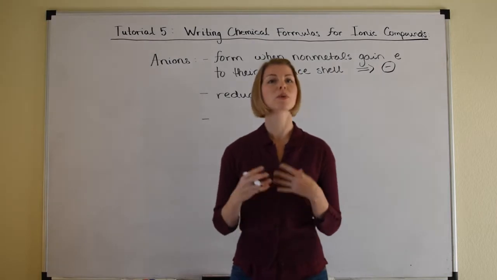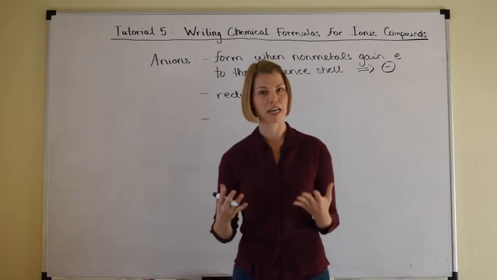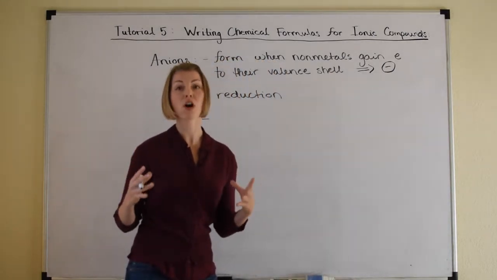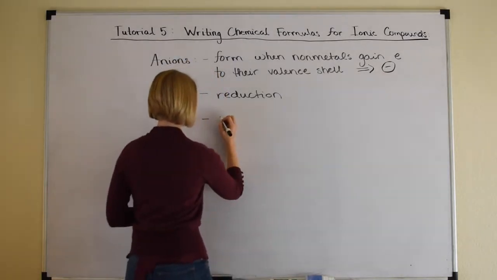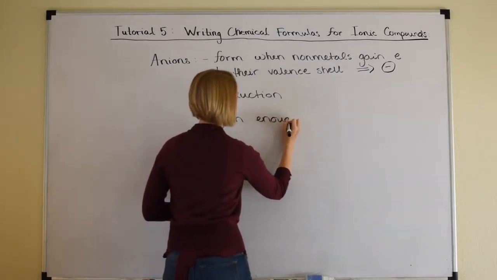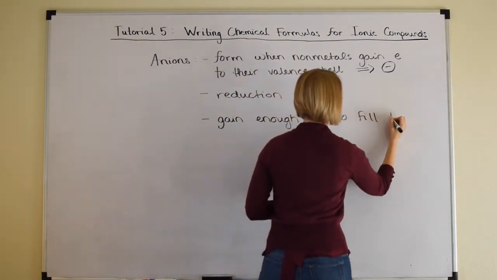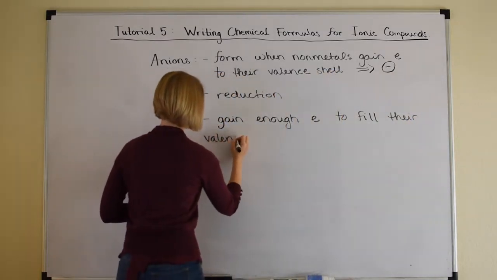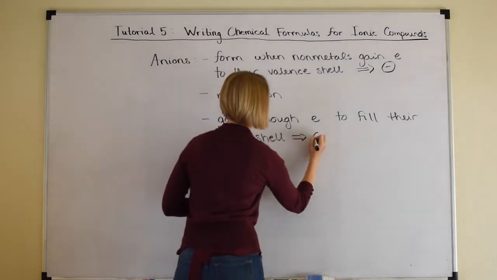In other words, they're trying to achieve octet, that stable noble gas electron configuration where the outermost energy level is full with 8. Okay, so let's write here, they will gain enough electrons to fill their valence shell and achieve octet.